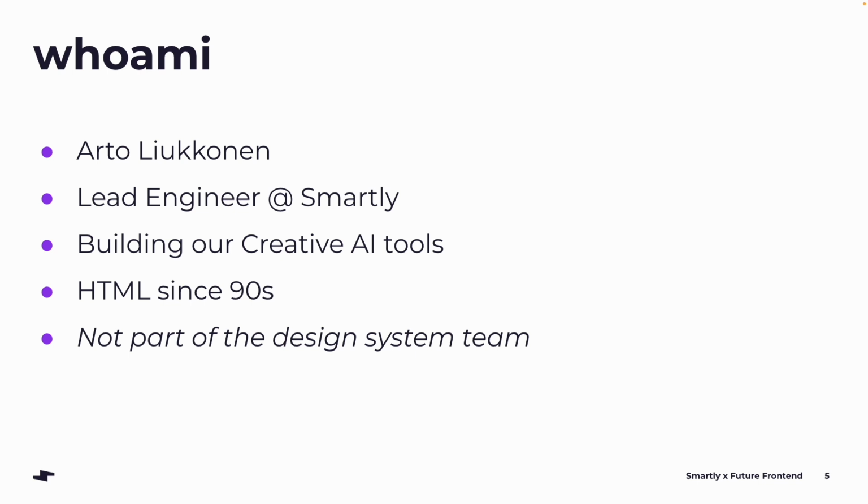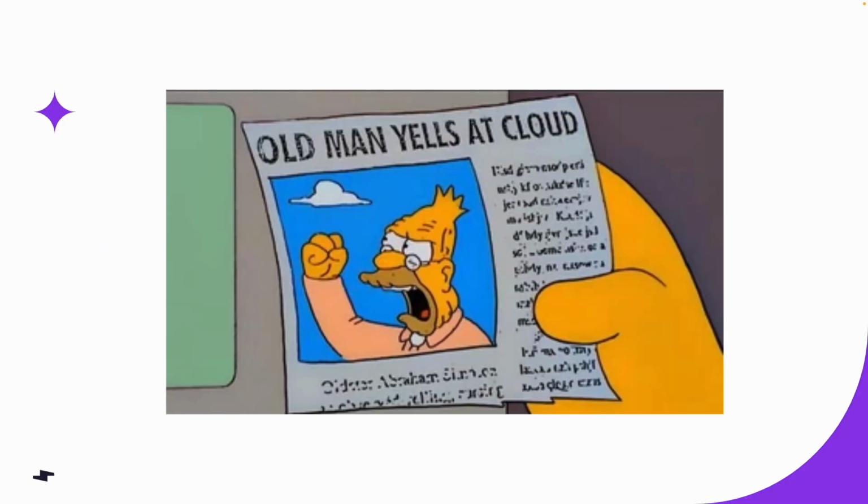Then I had to learn CSS at one point, and then all the other stuff that has happened during the past 27 years. So yeah, I'm this old, at least I feel like it. I've seen some stuff.